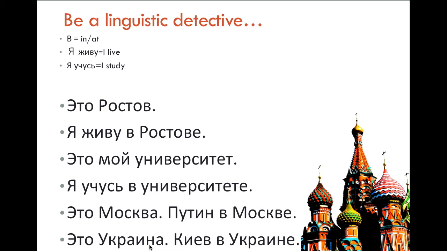One more example. Это Украина. Киев в Украине. Good. Okay, so what I'm wanting you to do is put your thinking caps on and think, okay, well, right here it's Rostov, and now suddenly it's becoming Rostove. Right here it's университет, and now it's becoming университете. Okay, what is in common? Okay, "v" something. Maybe you got it, maybe you didn't.